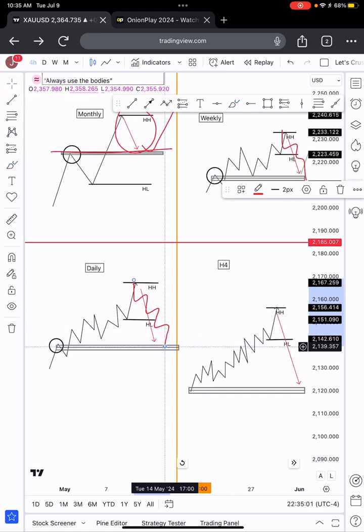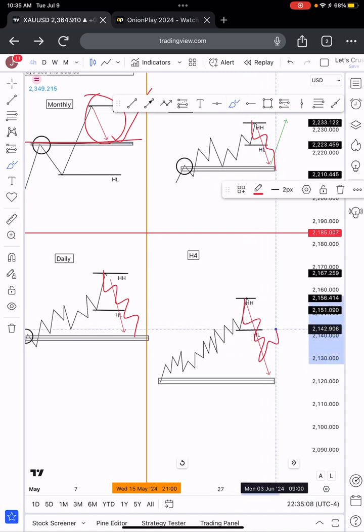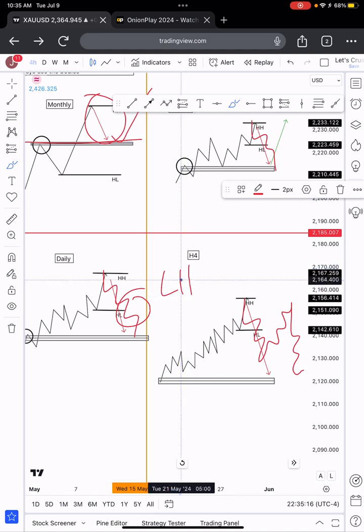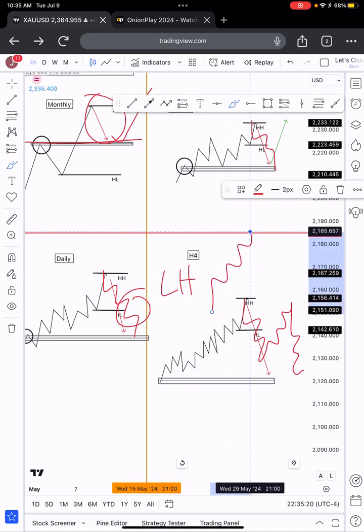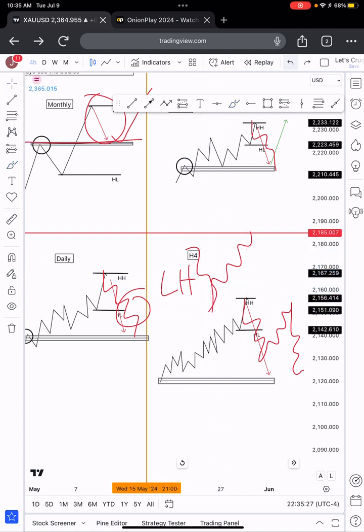And then the 4 hour is going to shift from bearish to bullish, because in order for the daily to create a lower high, the 4 hour needs to shift from bearish to bullish. So it's very, very simple.